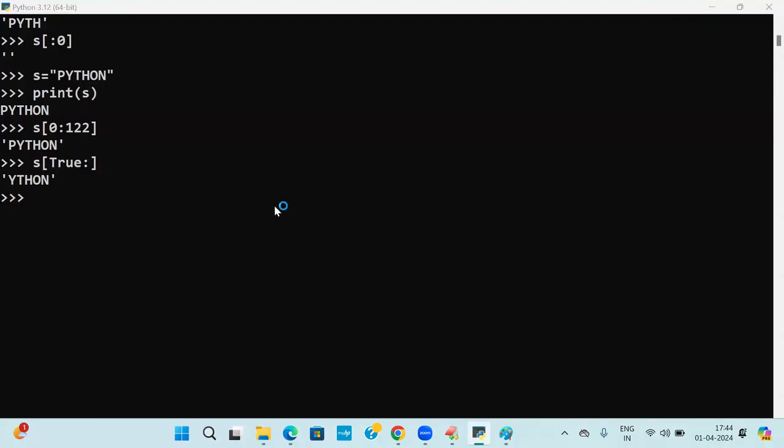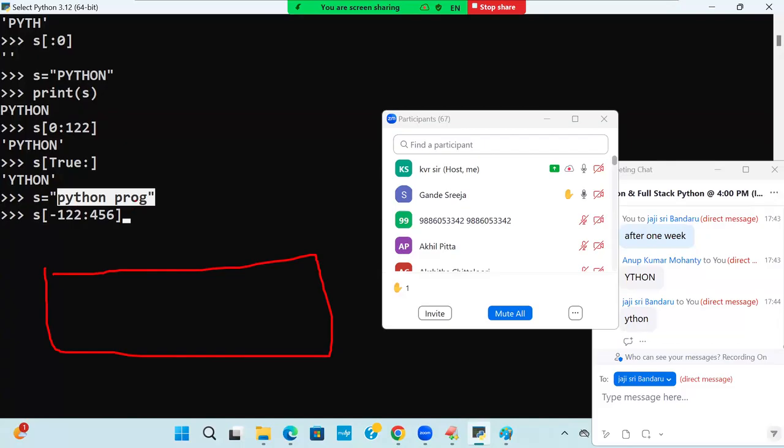Sir, I did not get the example related to the Python program, s[-11:-122] to 456. Simple, ma'am. That is s[-11:456]. What is the meaning of it? Python's starting letter is index 0. I already said in class that negative values are there, minus 11 almost.